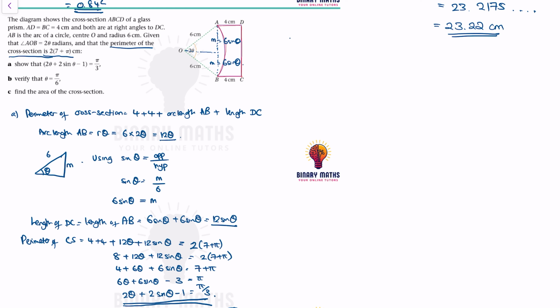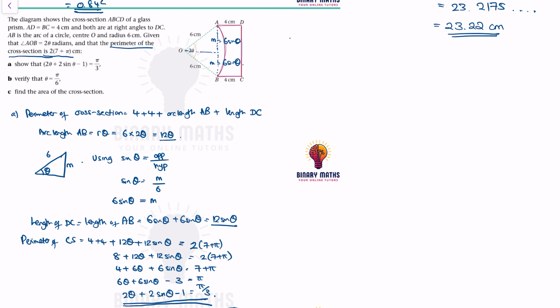So I get 2 times pi over 6 plus 2 times sine pi over 6, take away 1. If I put the left hand side into the calculator, I get pi over 3, which is equal to pi over 3. So that does work out. So it is true.